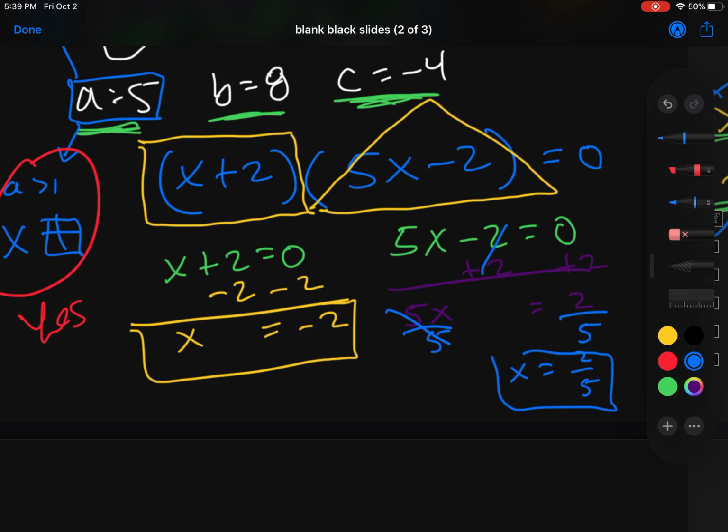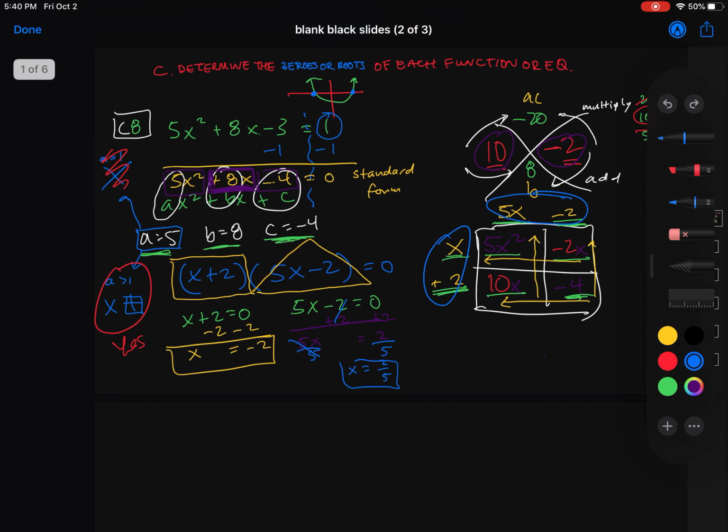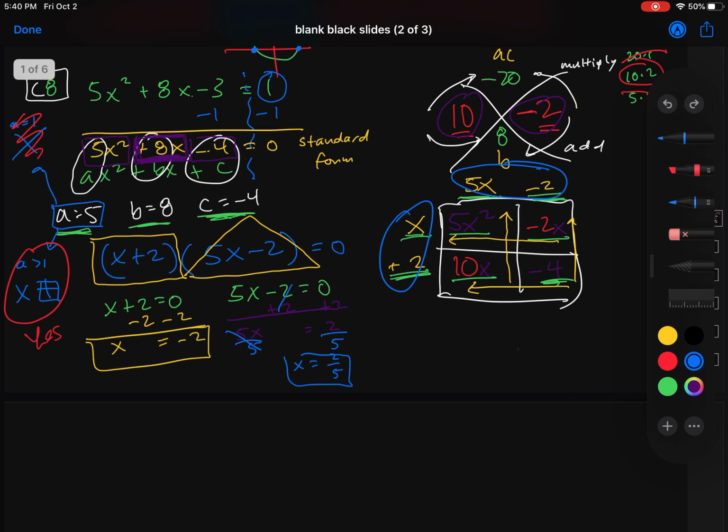Okay? Let's put all those puzzle pieces together. You don't really need this next part, but it is a visual of what's happening, okay? So I have a graph. I have -2. I have that 2/5, which is 0.4.